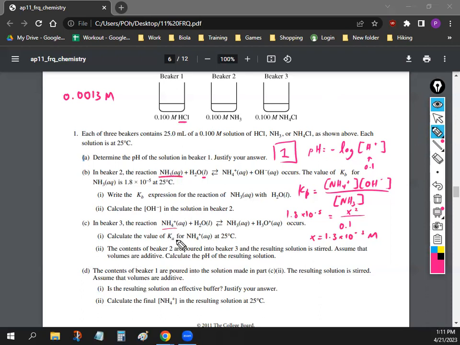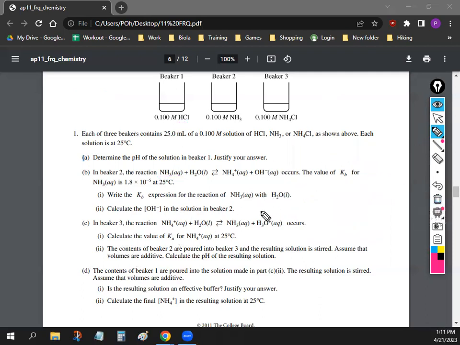So for this reaction in part C, we can use the Kb from part B. We know that Kw is equal to Ka times Kb, so Ka is just Kw divided by Kb. So 1 times 10 to the negative 14 divided by 1.8 times 10 to the negative 5. So Ka is 5.6 times 10 to the negative 10.